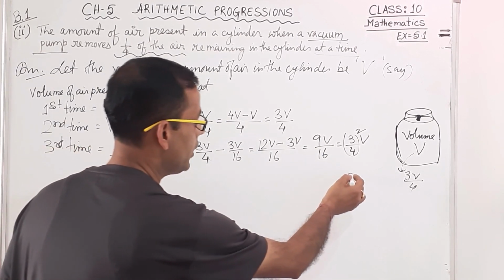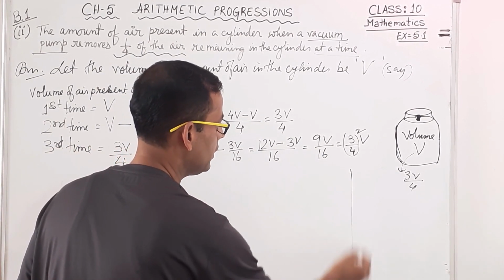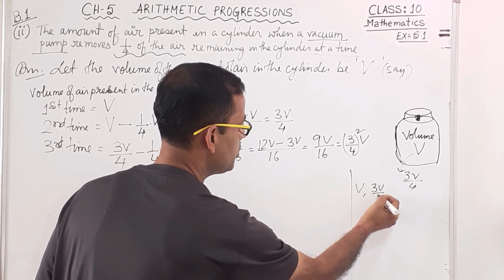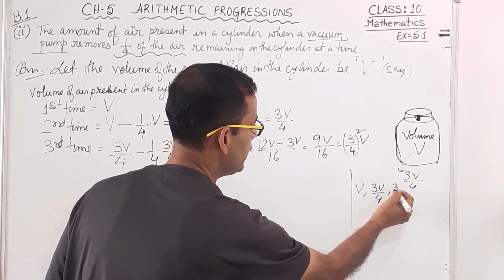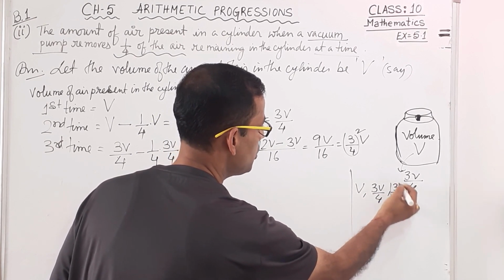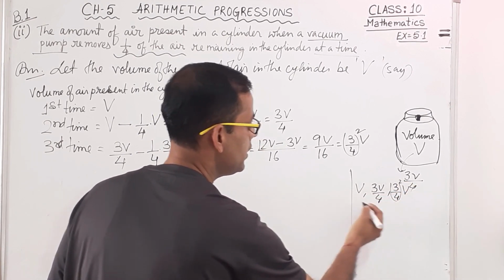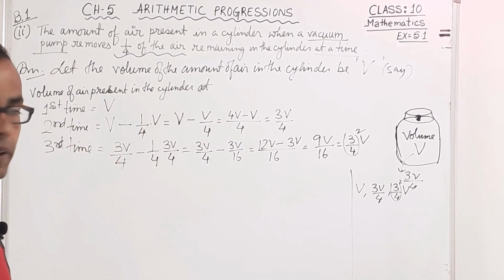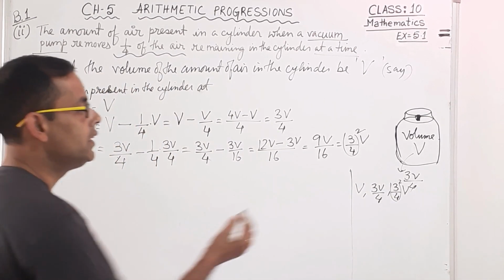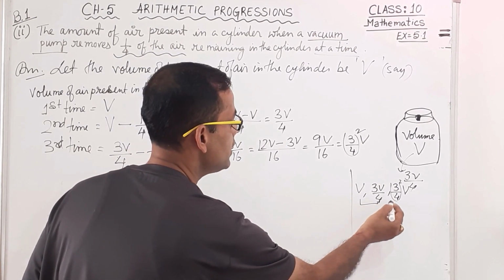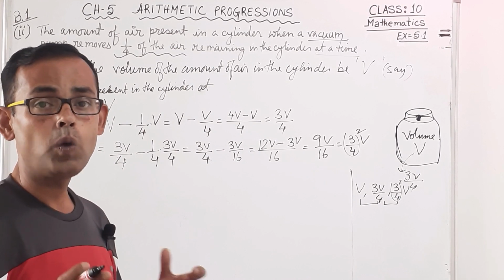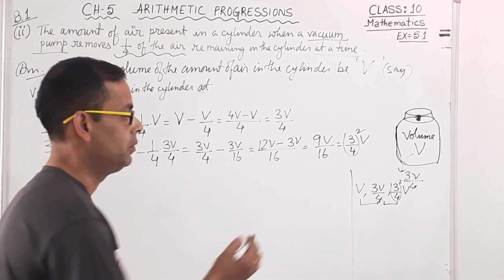Like we did one rough: V, then 3V by 4 and then 3 by 4 square V. A1, A2, A3. And if you find out the difference, that is D, you will see the differences are not the same.